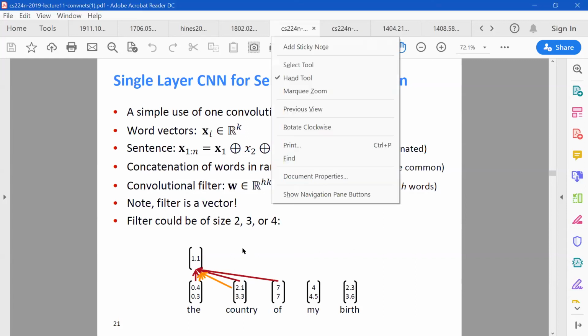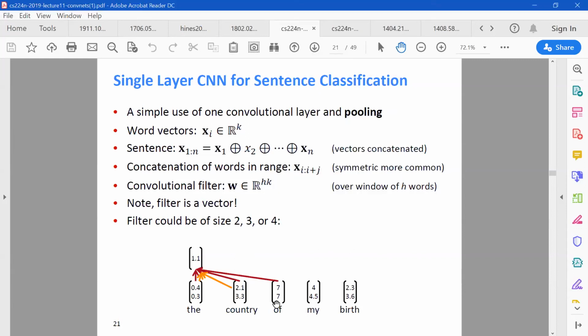I think it's because he flattens the filter. Yeah, you could flatten the filter, but then, let's see. How would it make sense if it was stacked instead of concatenated? Stacked, like concatenated vertically.